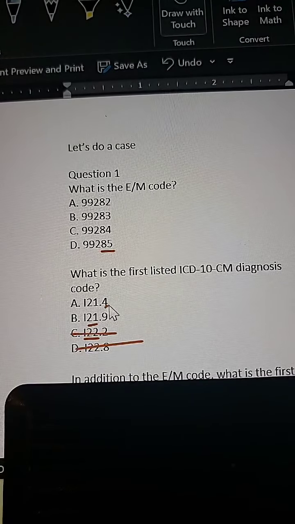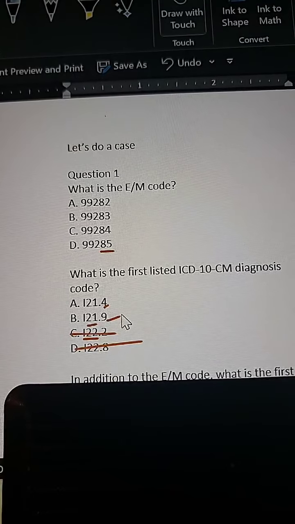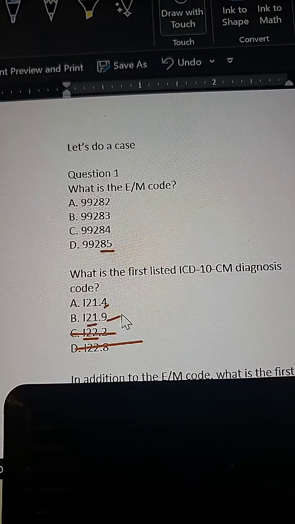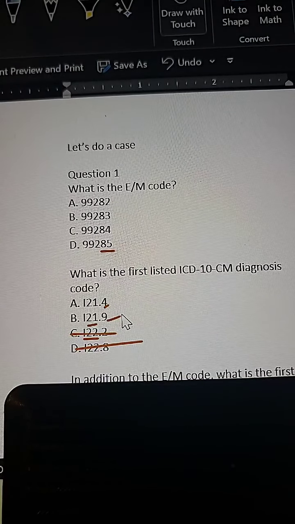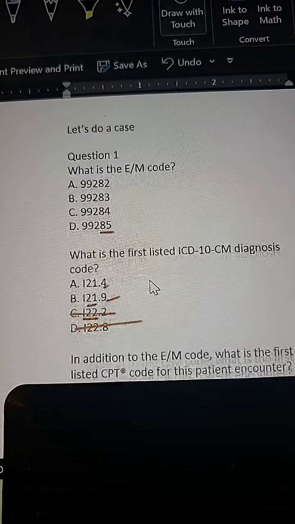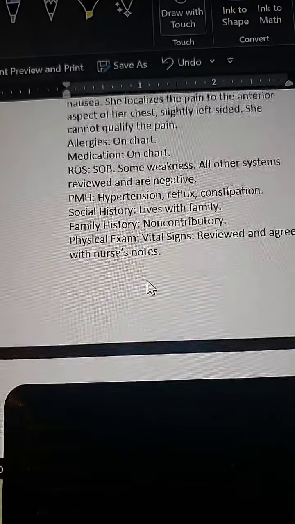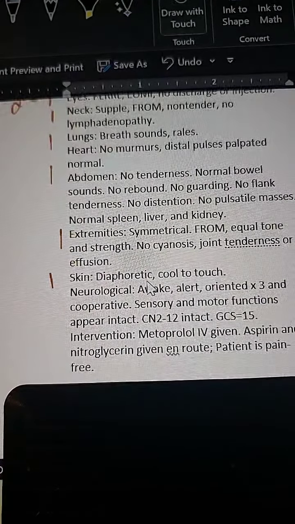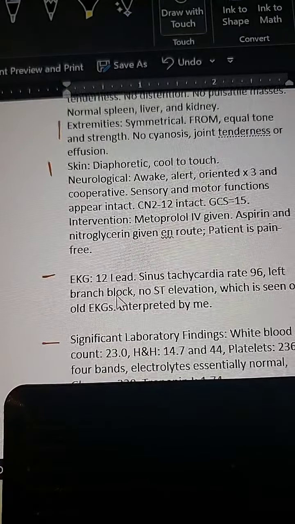So are we the 4 or the 9 for today's visit? Our 4, got to turn a page, is non-ST elevation, and then our 9 is unspecified. Well, I don't think they said anything about it, well, we can go look at that EKG. What did the EKG say?